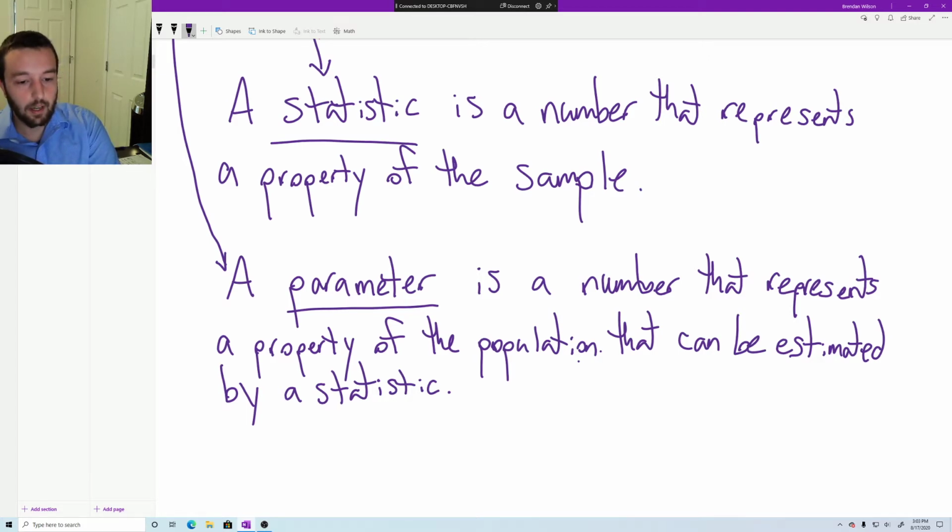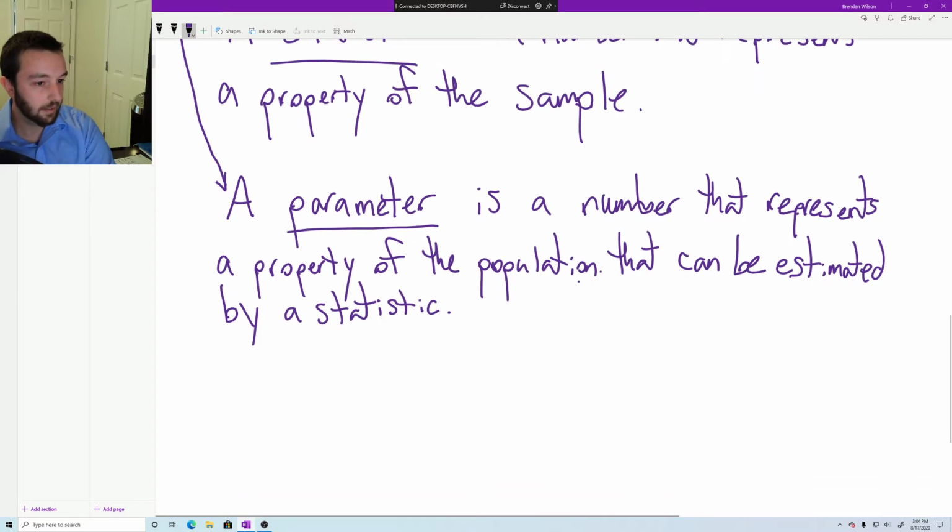Okay. But I'll talk about that later when we start actually doing that. But I just want to let you know that in case you are reading ahead or you see it in a study, whenever they're using Greek letters, that typically refers to a parameter, and whenever we're using our letters, that typically refers to a statistic. Okay.